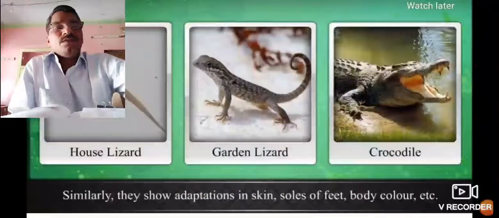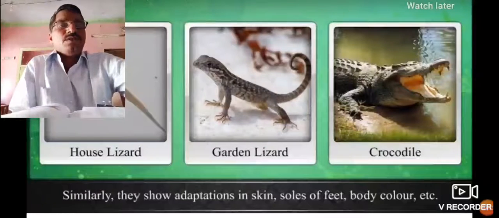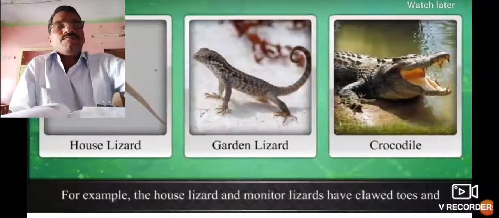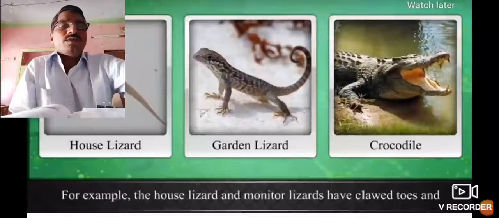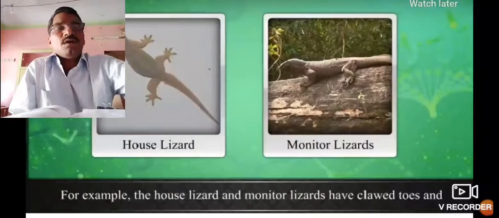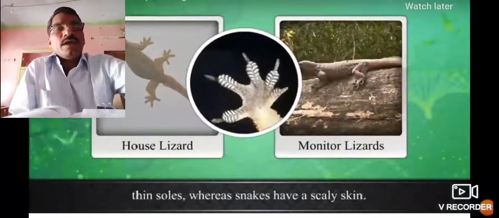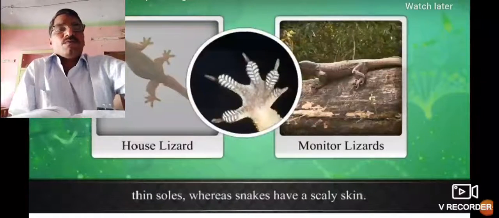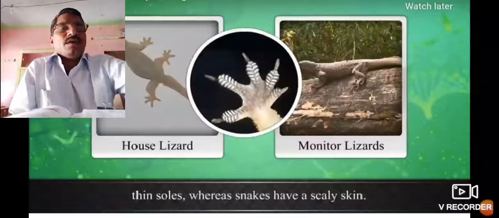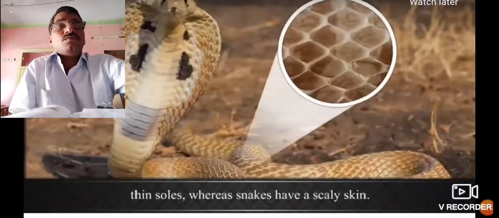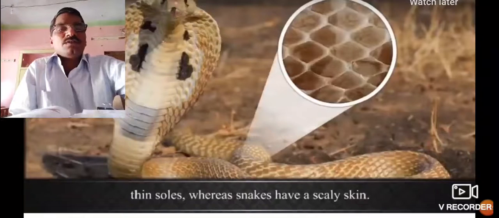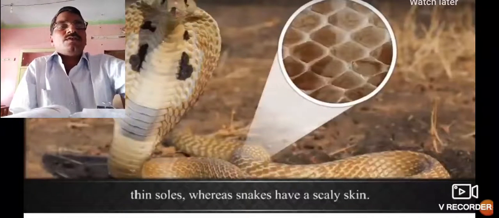Similarly, they show adaptation in skin, soles of feet, body colors, etc. For example, the house lizard and monitor lizard have clawed toes and thin soles, whereas snakes have scaly skin. Dear students, carefully see, the snake has a scaly skin.